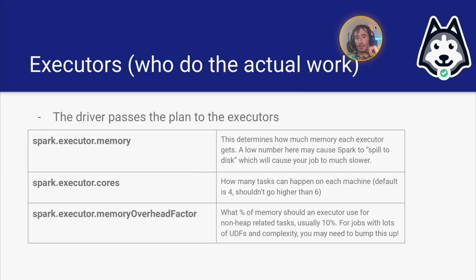In this case, there's really only about three settings that you want to touch in terms of executor settings. First you have Spark executor memory. This has the same constraints as driver memory. It defaults to 1 or 2 gigs, and then it can go all the way up to 16 gigs.